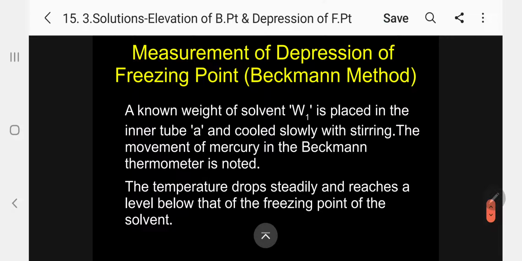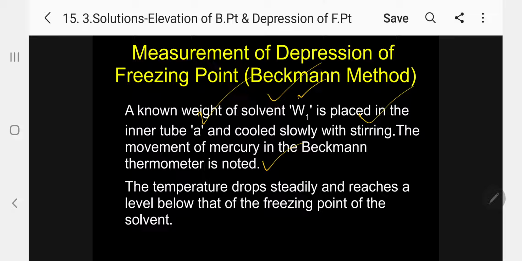Let me explain. A known weight of solvent, W1 gram, is placed in the inner tube A and cooled slowly with stirring. The movement of mercury in the Beckman thermometer is noted. I told you already, by cooling slowly with stirring, the movement of mercury in the Beckman thermometer is noted.